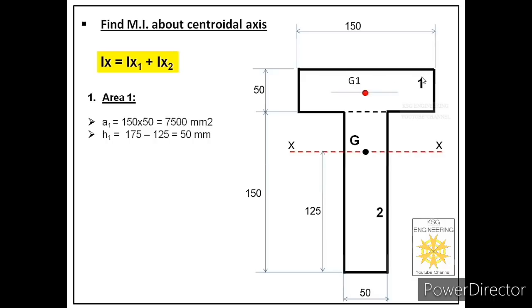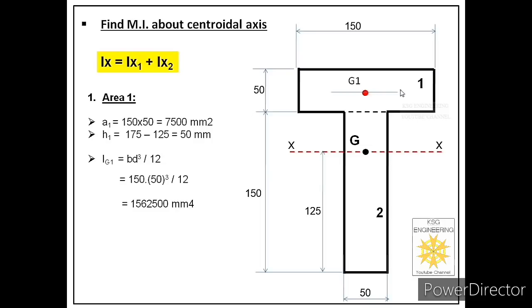So for this area, 150 will be B and 50 will be D. Let us find the moment of inertia of area 1 about its centroidal axis, called Ig1. It will be equal to BD cubed by 12, so B is 150 into 50 cubed divided by 12. So we will get the value of Ig1. Now we know the value of its area, and we know the distance between the main axis and its centroidal axis.